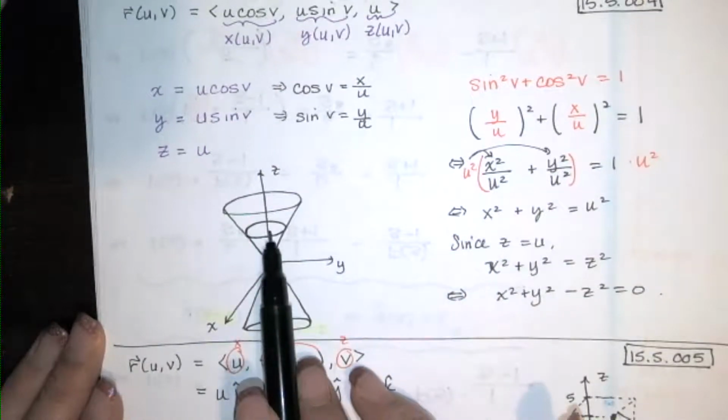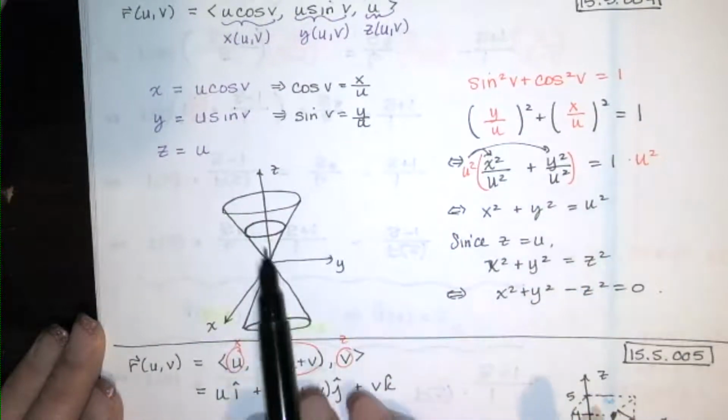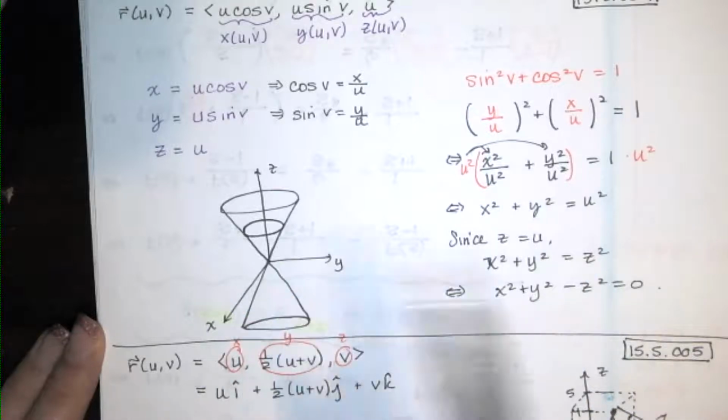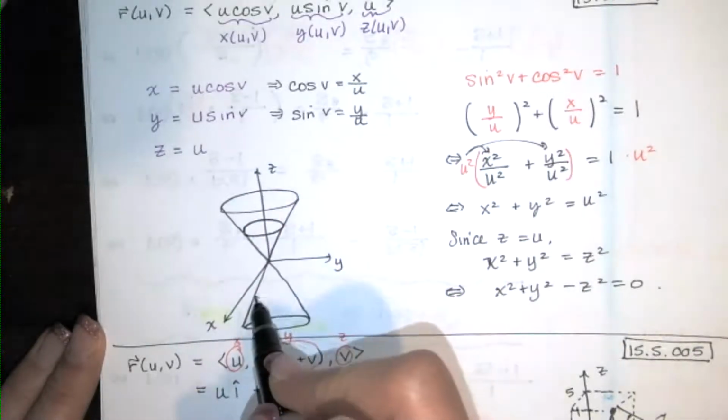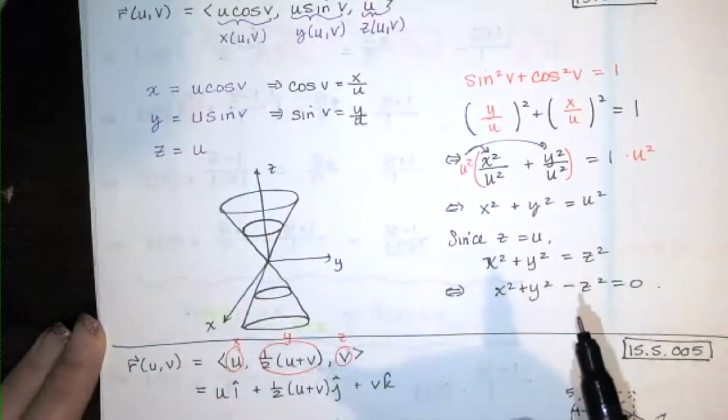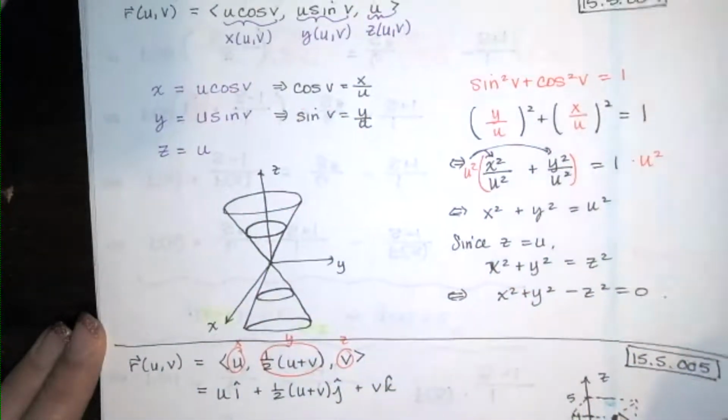That's true when u is positive, and when u is negative, they're going to be circles of radius absolute value of u. So that would be down here. So cosines and sines lead to cross sections that tend to be circles often.